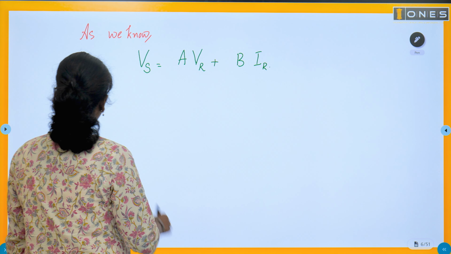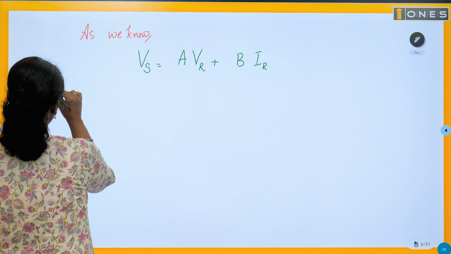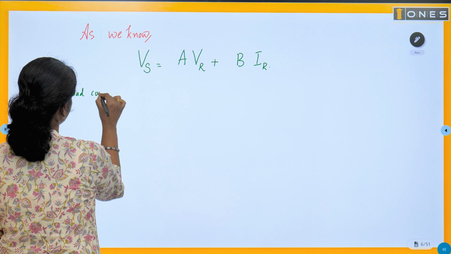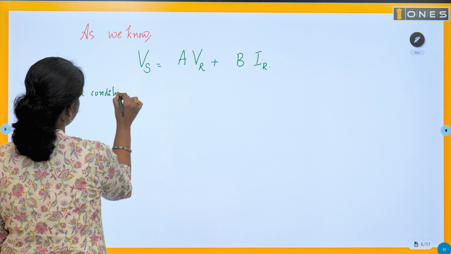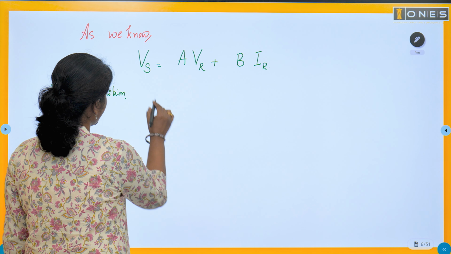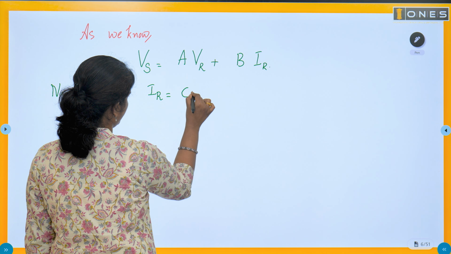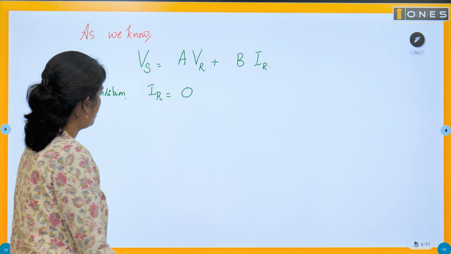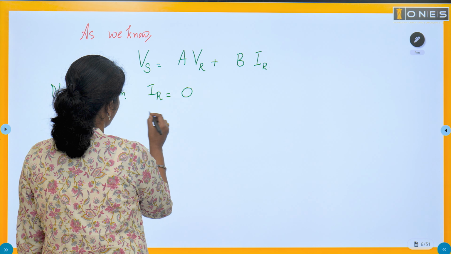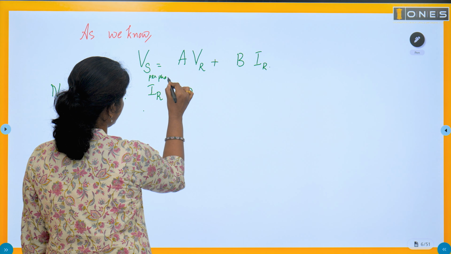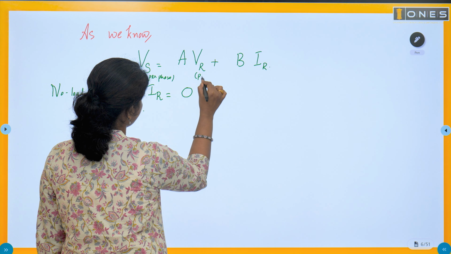Okay, so we'll take the no load condition. At no load condition, what is IR? There is no current at the receiving end, so it is 0. So we have a relation like this. All of this is per phase.